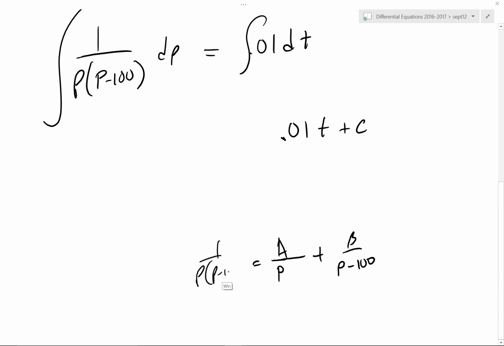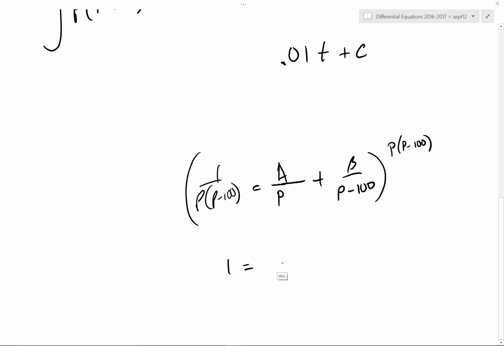I couldn't think of what I was doing. Someday you too will have that same thing happen to you. So 1 equals... Okay? If you let P equal 100, you're going to get B is 0.01 again, right?